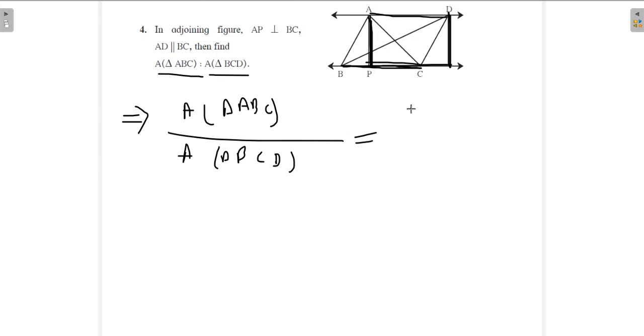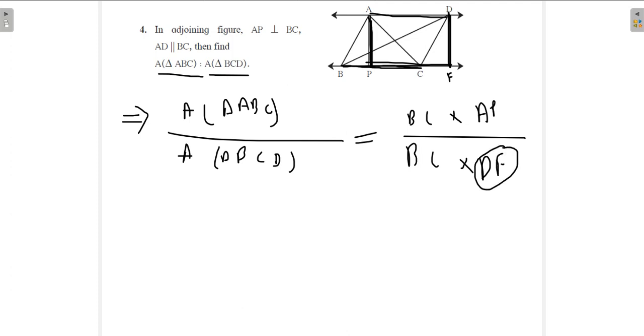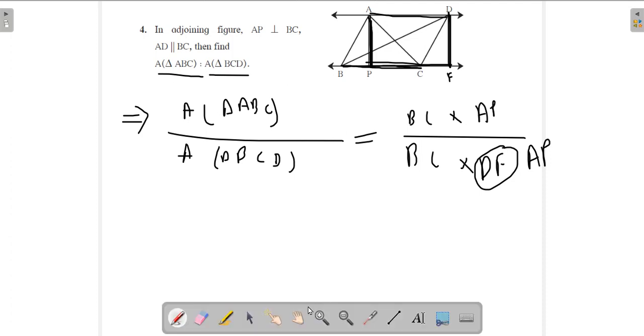So I write base BC into height AP, and again base BC into the same height AP. No need to take any point like DF, you can write AP as it is, because AP is the height of this triangle too.